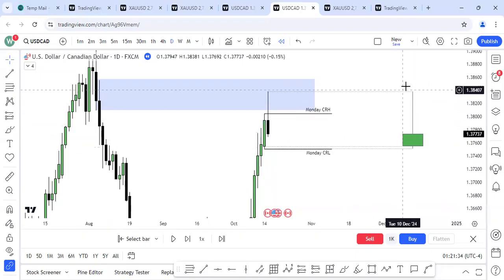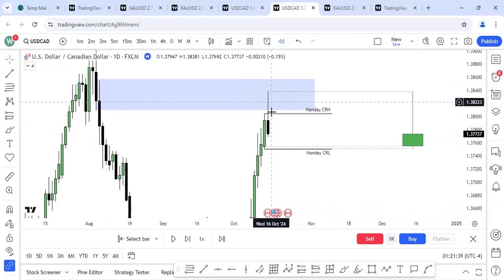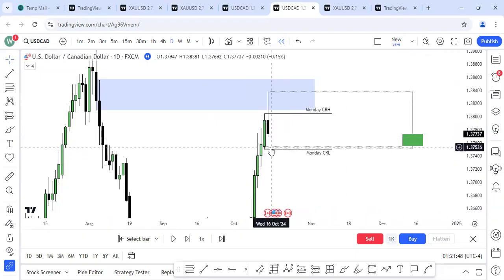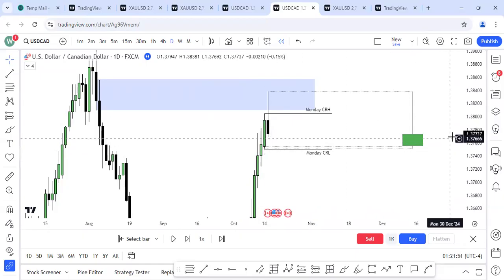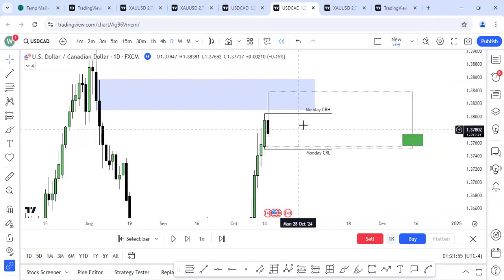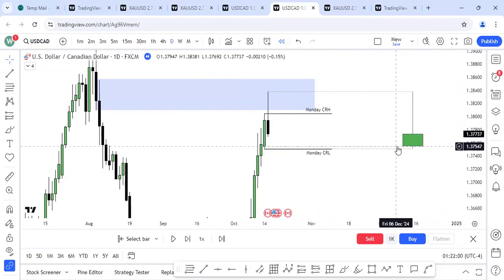This candle right here is a weekly candle. As we can see, price is above the open of this weekly candle. So since price is above the opening line of the weekly candle, we can look for sell setups.